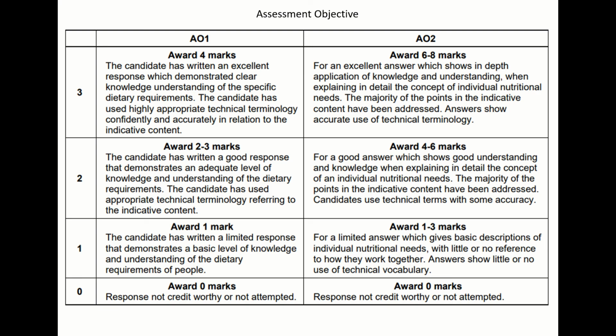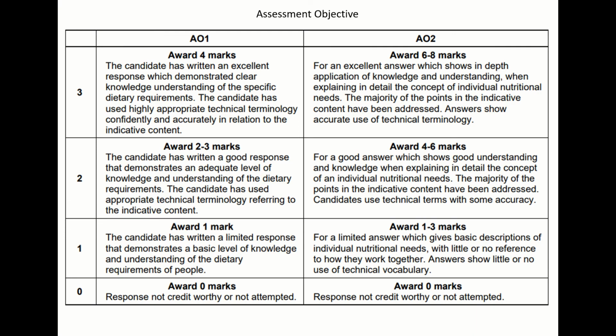In your exam paper, you will only be tested on 1, 2 and 4, because assessment objective 3 is what you are tested when you do your practical. So that's about preparing and cooking food items. So 1, 2 and 4 are looking at your written content and your knowledge and the application of your knowledge.